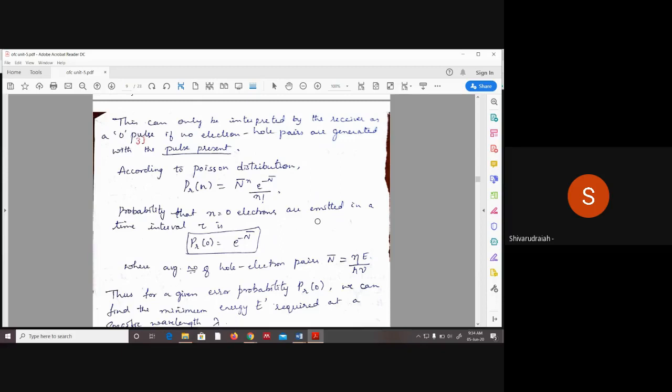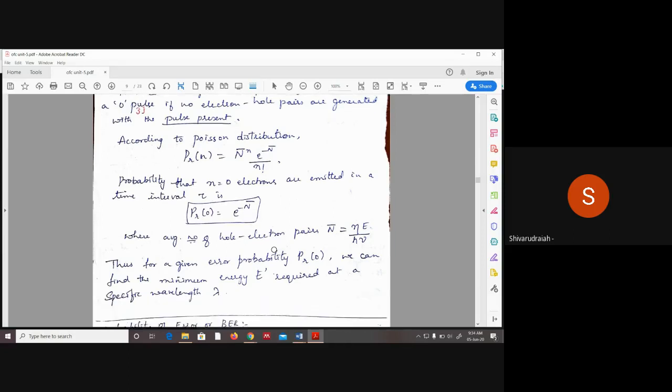Replace small n with 0. Then the expression is PR of 0 is equal to e power minus N bar, where N bar is the average number of electron hole pairs, defined as eta into E divided by h nu. This is an important expression for defining the quantum limit.